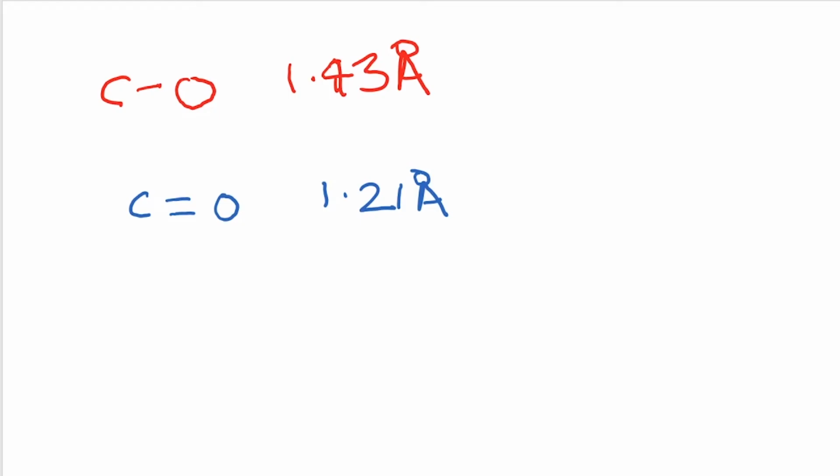The electronegativity of carbon is 2.5, whereas the electronegativity of oxygen is 3.5. Just keep in mind that electronegativity is the ability of the nucleus to pull electrons towards itself, and so oxygen is obviously more electronegative than carbon, which is something that we already know. So this is just a recap.